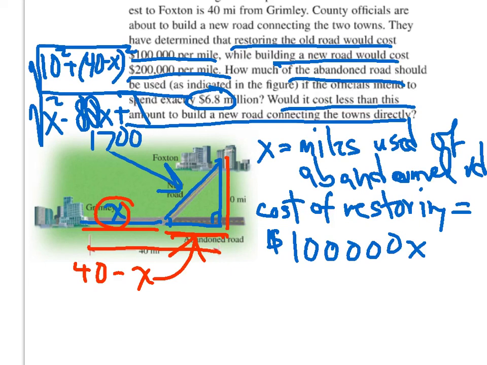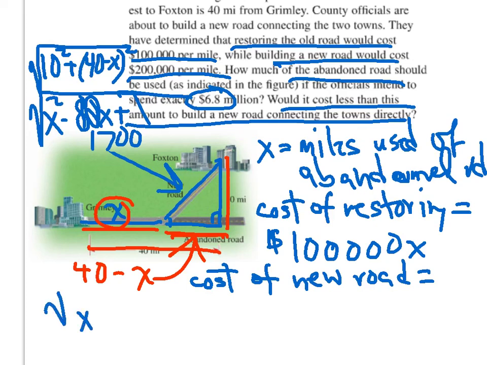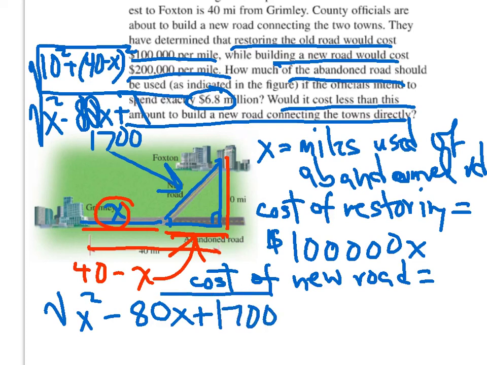And so that means the cost of building the new road is going to be the length of the new road, which is the square root of x squared minus 80x plus 1,700, times the number of miles of the new road, times the cost per mile for the new road.